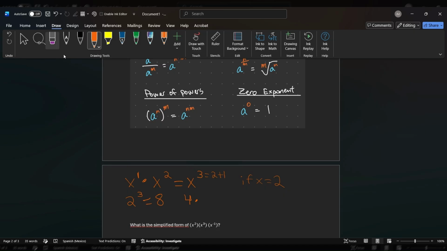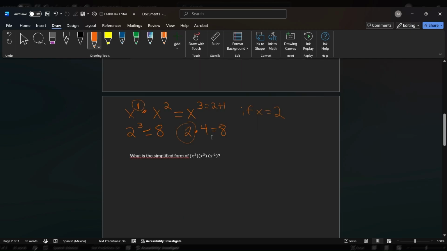Okay, so 2 times 4 equals 8. See, it gives you the same result. Why? Because this is a 1, it's here, and then the other one's right here. Okay, good. So that's how we solve those.